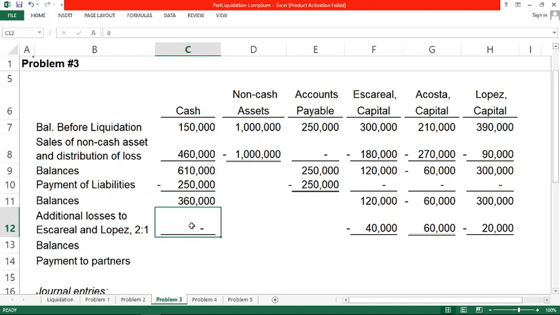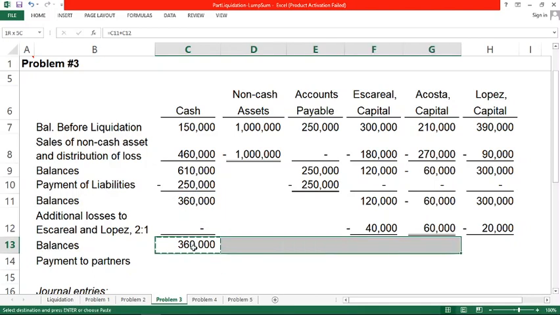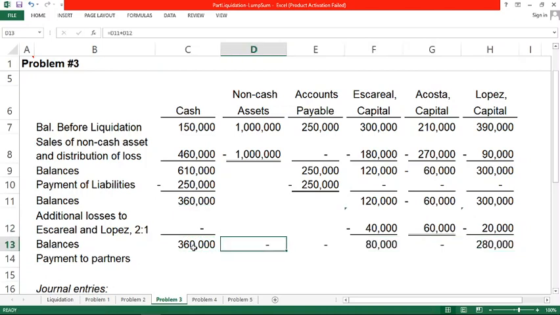And ano naman ang nangyari sa cash natin? Wala namang additional investment na nangyari. Transfer of capital accounts lang naman ang nangyari. So, zero po tayo dyan. Therefore, our cash balance is still at 360. But the partners' capital balances, ayan, 80 na lang for Iscarial and 280 for Lopez. And Acosta, wala na.